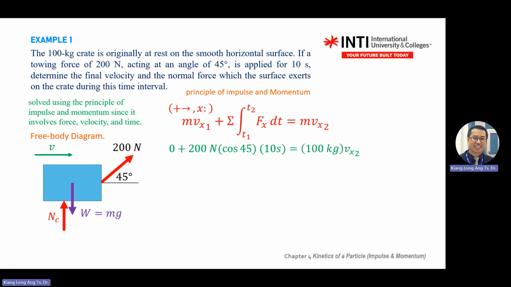In this case, to the right is positive in x direction. So Vx1 is 0, force 200 cos 45, 10 seconds, M, and you only have one unknown, Vx2. You can do the same for y, then you have Vy2. You have two vectors, x and y. You find the resultant and find the angle.